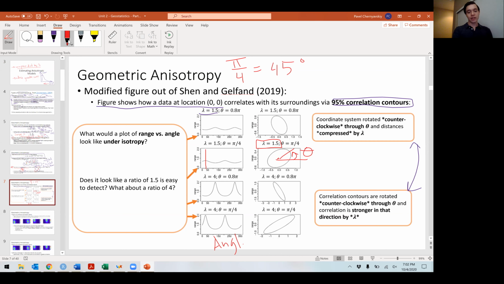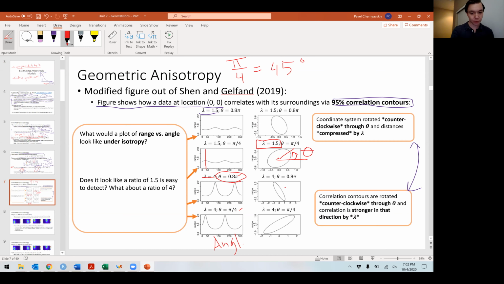The last two ellipses, the angles stay the same, but lambda changes. Lambda is now 4. So with these ellipses, the degree of anisotropy is stronger because in the direction of about 140 degrees, the range is 4 times bigger than in the direction of about 40 degrees.